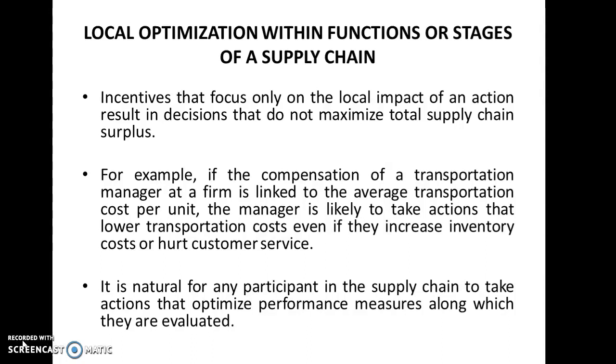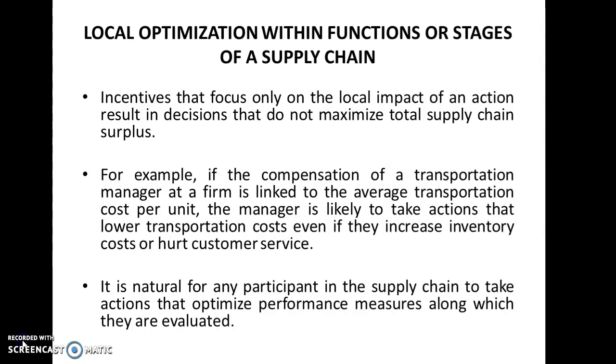The meaning is, a transportation manager in a firm is given incentives based on the average transportation cost per unit. So what he will do, the transportation manager will take all possible actions to reduce the transportation cost per unit so that he can get better incentives, but without bothering about the total cost or total customer service.